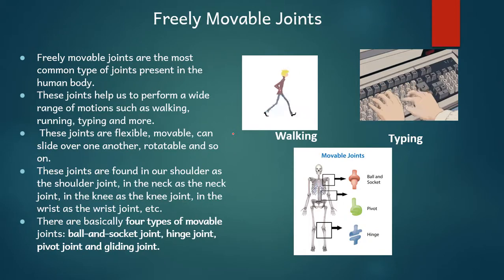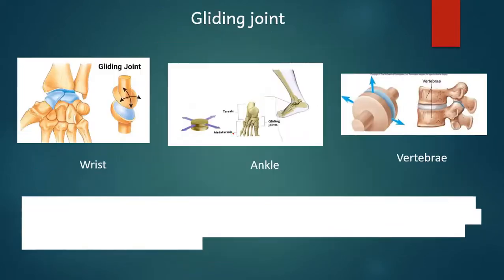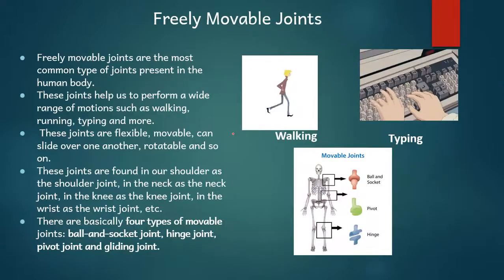On the basis of their presence, the structure of the bone, and the type of movement they allow, you have ball and socket joint, hinge joint, pivot joint, and gliding joint. There are 4 types of freely movable joints. Freely movable joints are again divided into 4 types.